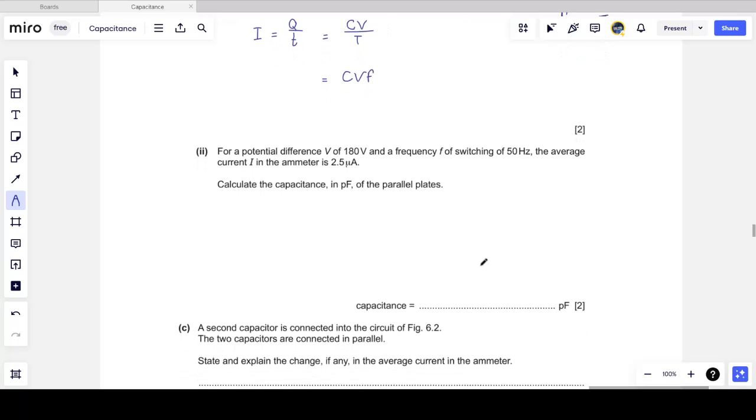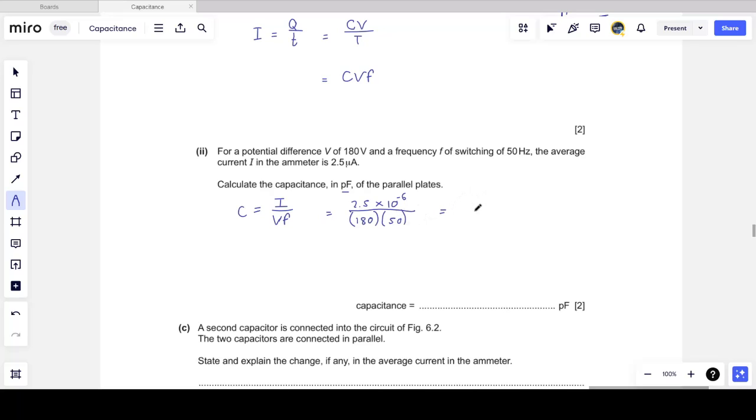We are then told that for a potential difference V of 180 volts and a frequency of 50 hertz, the average current in the ammeter is 2.5 microamperes, and we want to find the capacitance in picofarads again of the parallel plates. So I can do exactly the same thing. C is I over Vf. Take the equation that I'm given, rearrange it, and solve for C. So this is a current of 2.5 times 10 to the minus 6 amperes divided by a voltage V of 180 volts times a frequency of 50 hertz.